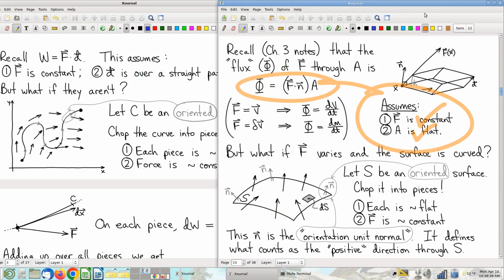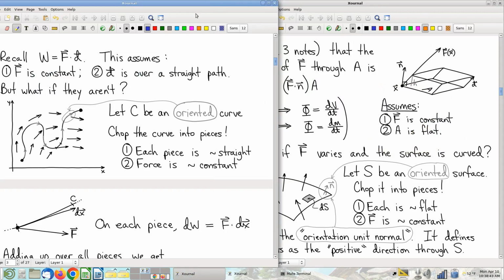Okay. So, how are we going to deal with that? Well, over here in the curve context, we chopped it up into little pieces that are approximately straight and also small, so the force is approximately constant, and chop it up, add it up. We're going to do the same thing over here.